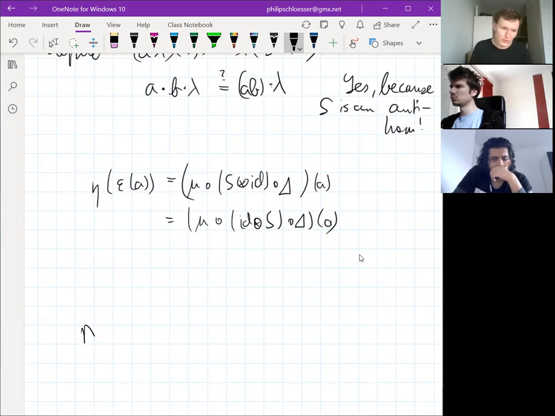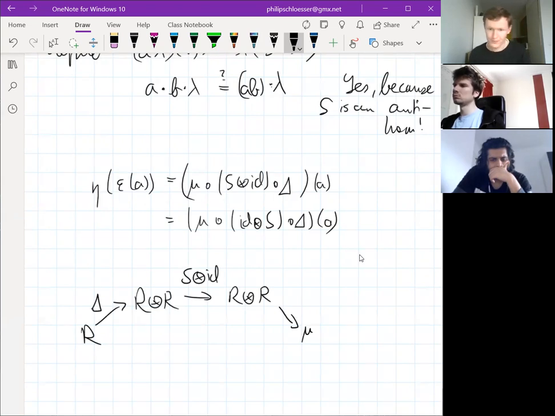It means if we start in R, then split our thing up using the co-multiplication, then apply our map S on one of the two sides, but not on the other, and then we multiply the things again.